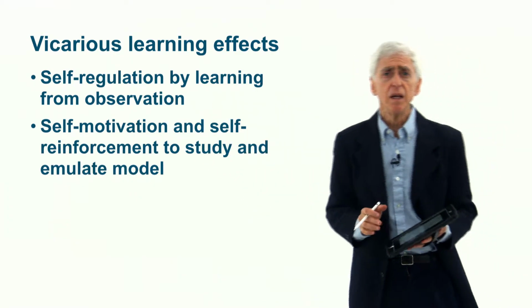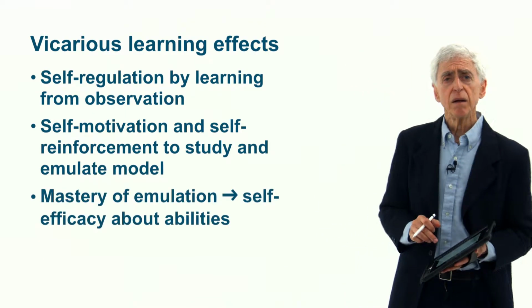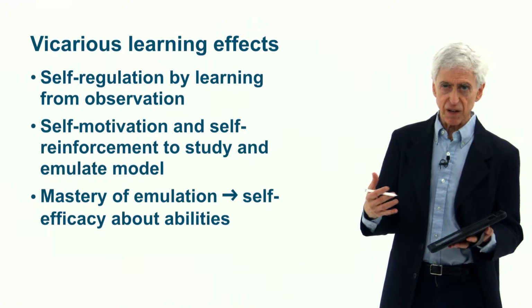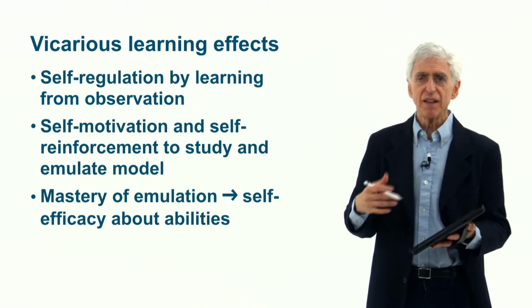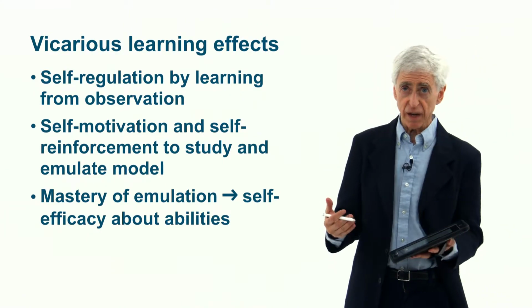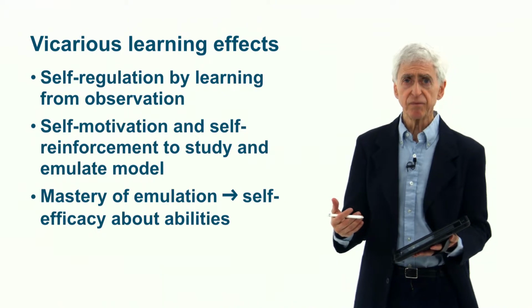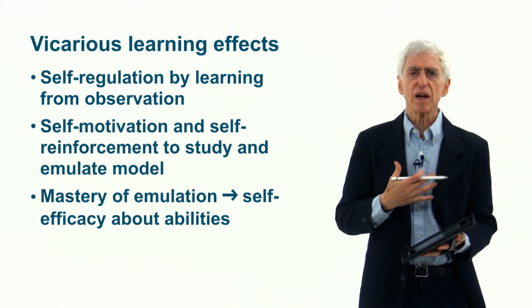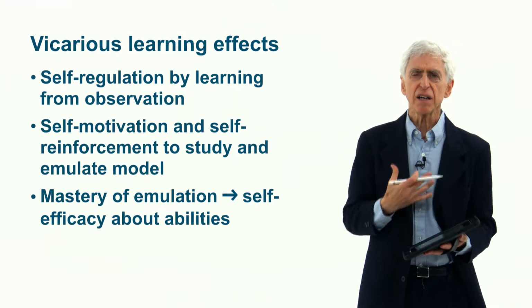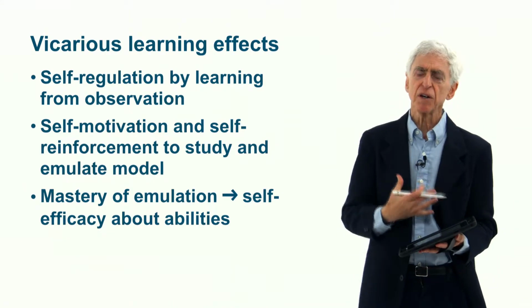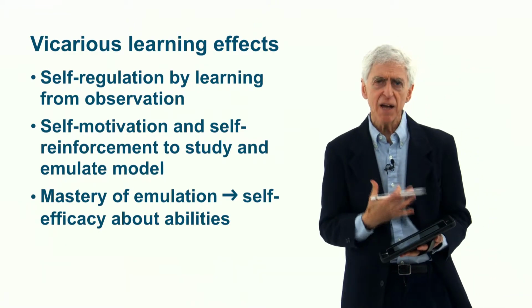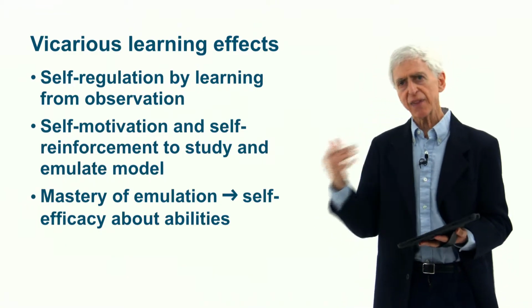So when you have mastered or come close to mastering this imitation that you're doing, then you begin to incorporate a sense of, I can do this. I'm pretty good at reshaping my own behaviors to get results like that person got.